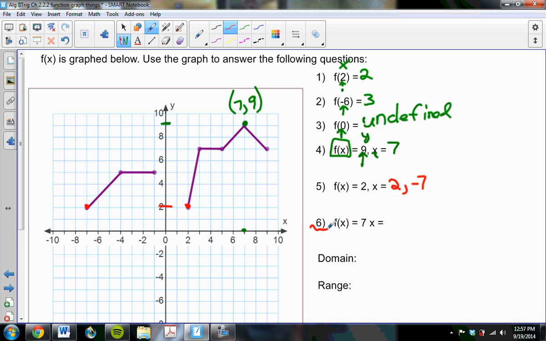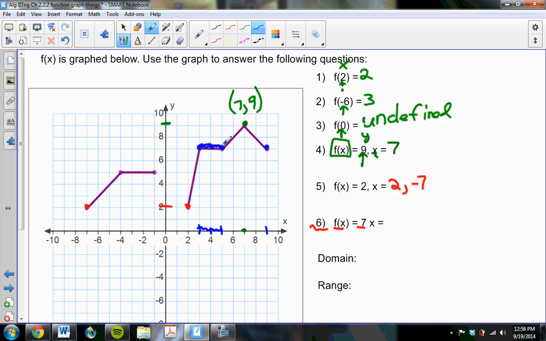6 is one to pay close attention to. This is saying the y value is 7. Well, the y value is 7 here, and here, and here at 3, 5, and 9. But it's also 7 here at 4, and also everything in between. All of these x values correspond to an output of 7.